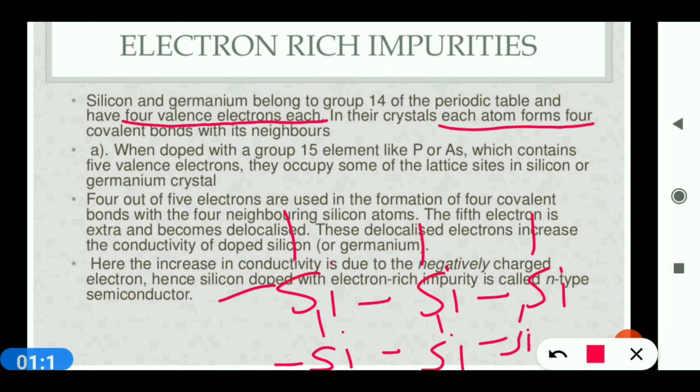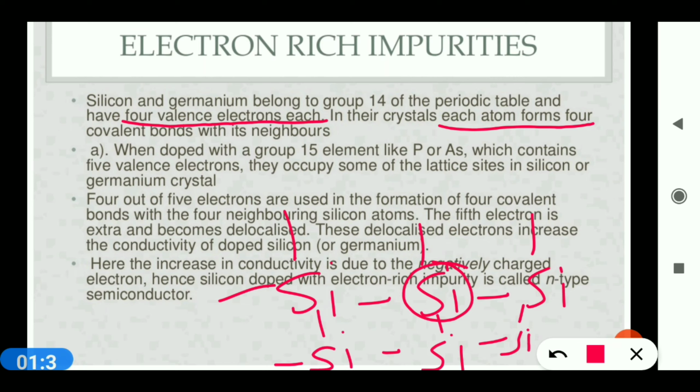When silicon is doped with a group 15 element. Now what is doping? Doping means addition of impurity, and sometimes this doping takes place intentionally to form semiconductors.